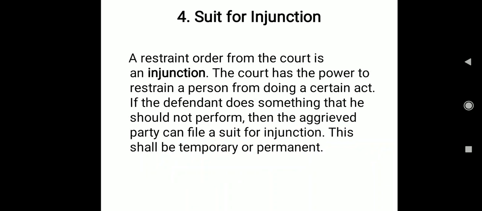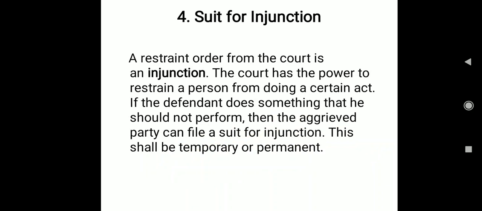Then next we have suit for injunction. Okay, so injunction means you are trying to say that don't do this. Okay, don't do this. So the court has the power to restrain a person from doing a certain act. Here we can take a very simple example of your so-called actor and actress.